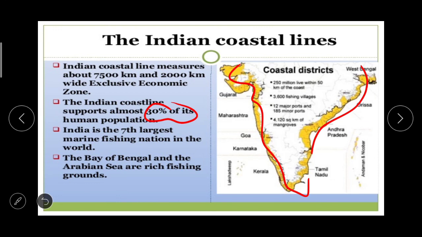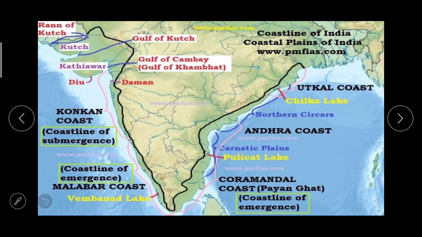India is the 7th largest marine fishing nation in the world. The Bay of Bengal and the Arabian Sea are rich fishing grounds. So, this is very easy to understand with the help of the map, the Indian coastlines.